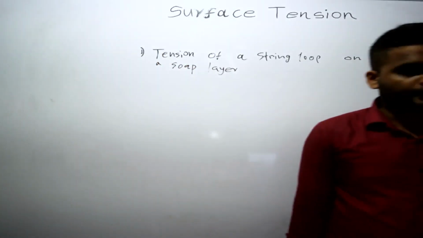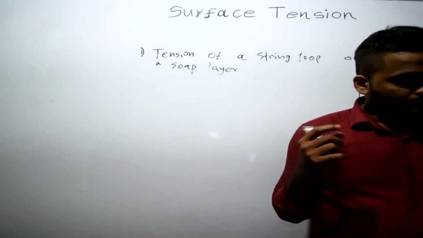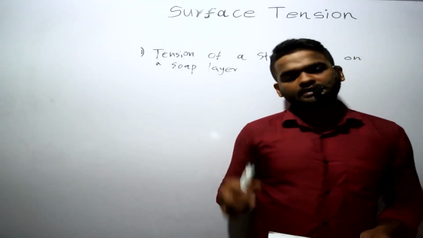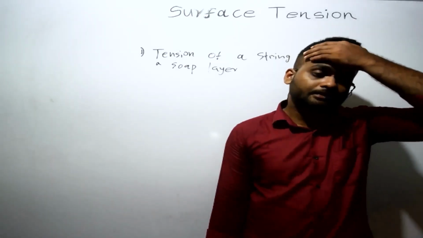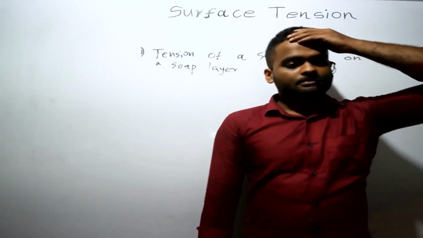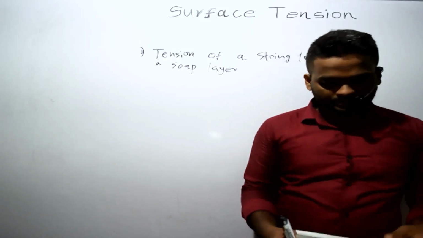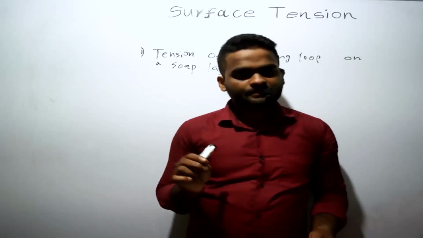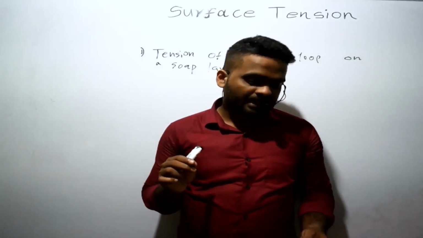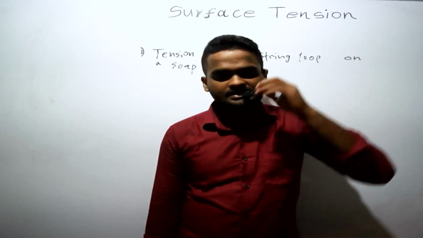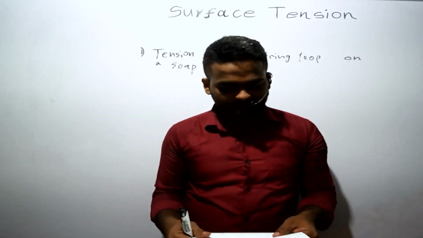To the same line: when the middle part is punctured, the loop takes a circular shape.